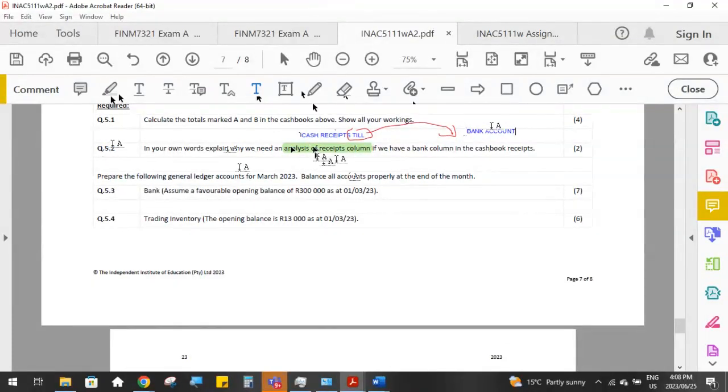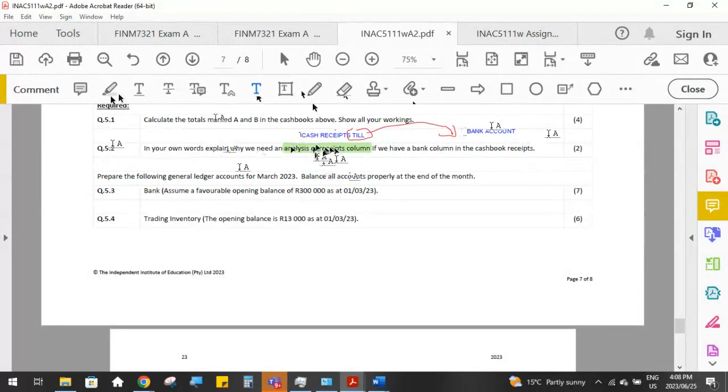Because if we go and look at our bank statement, the bank statement will just have one credit amount on it for the total amount that we banked when we did the banking. So we might have 10 different receipts in our till before we go and do our banking. We'll be able to pick up the details for each of those 10 in that analysis of receipts column. In our bank statement, I will just see one credit amount for the total amount of the banking of those 10 items that I did.